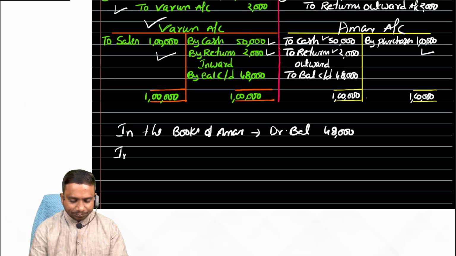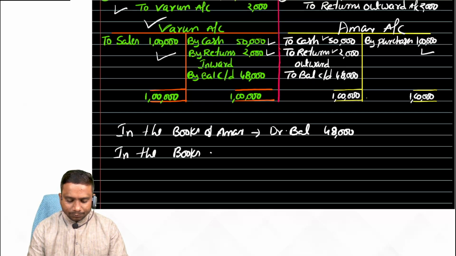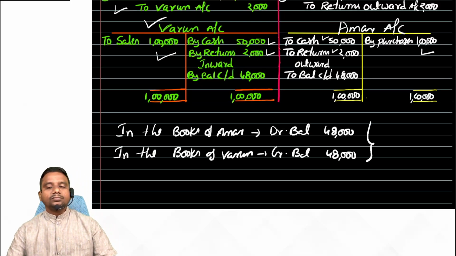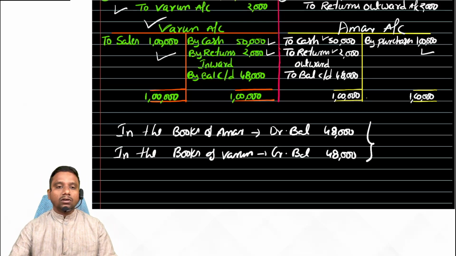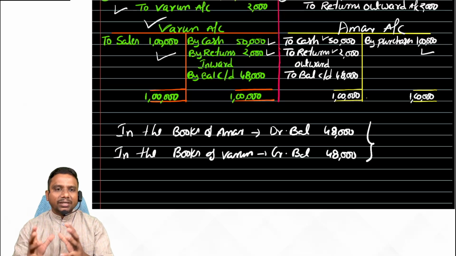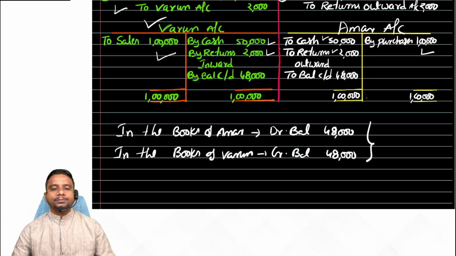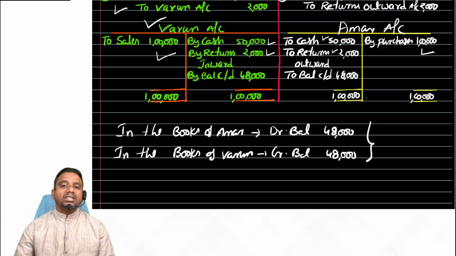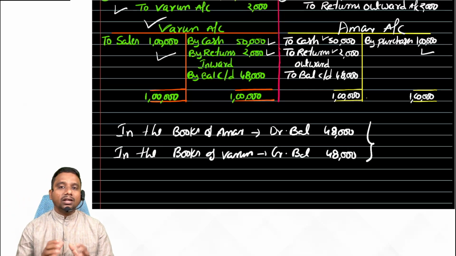Next, in the books of Varun, credit balance 48,000. Observe, 48,000, same balance they got. Balance is same, but quite opposite in nature. In the books of Amar, it is showing debit balance. In the books of Varun, it is showing credit balance, but amount is same, 48,000.